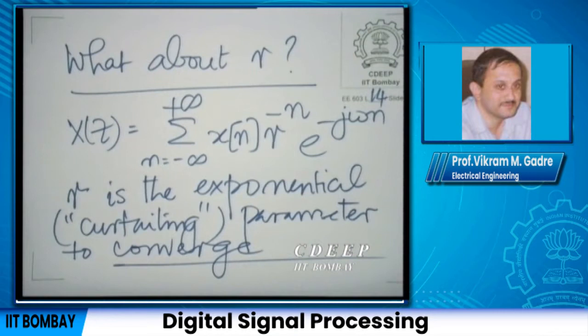Essentially, it ensures that the sequence converges on multiplication by this exponential. So, r is in some sense the rate at which the exponential must grow to capture the sequence, or another way of looking at it is that r to the power minus n is the exponential that must capture the sequence to bring it into convergence. That is the way to understand it.